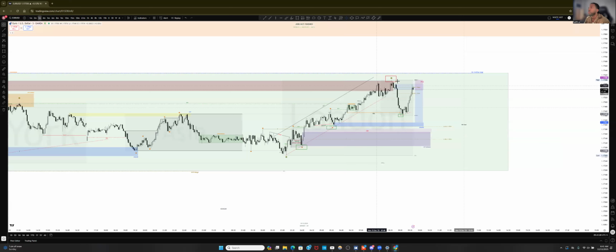And we did get a break to the downside of this channel. So this is me looking at reasons why price should continue with the bullish direction, because we've broken out of the channel to the downside, did an inducement. This should be the cause of the push up because that's usually how the channel works.